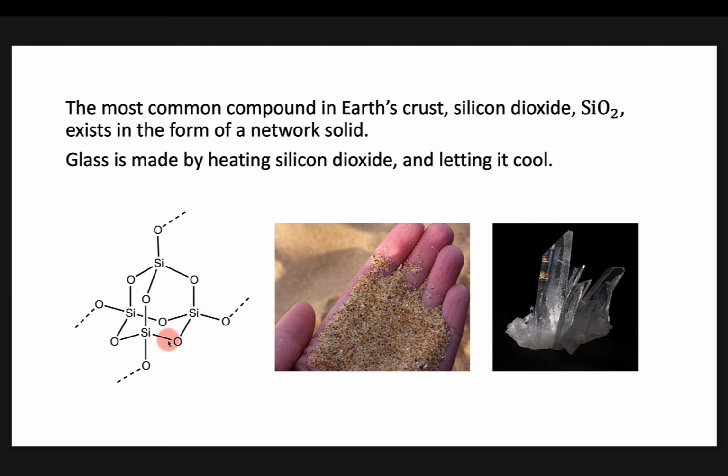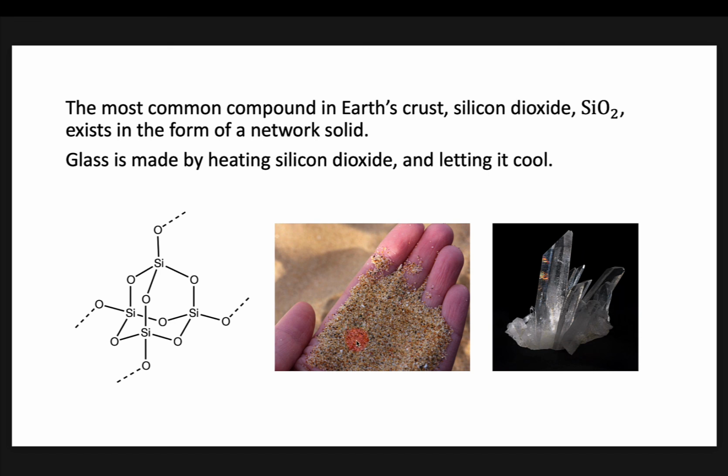And so quartz is actually just pure silicon dioxide. So this sample of quartz is just made up of the covalent network crystal for silicon dioxide. Now, you often don't find crystals of quartz lying around, but you definitely, I'm sure, have played in sand before.